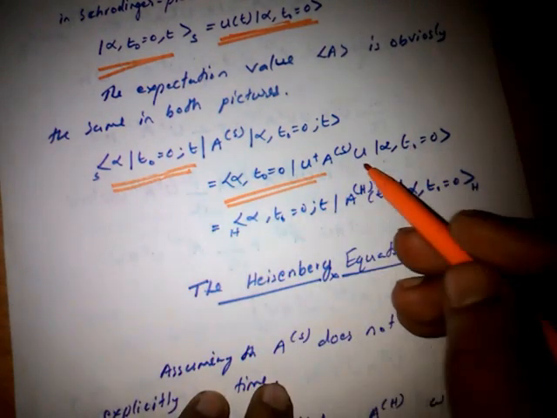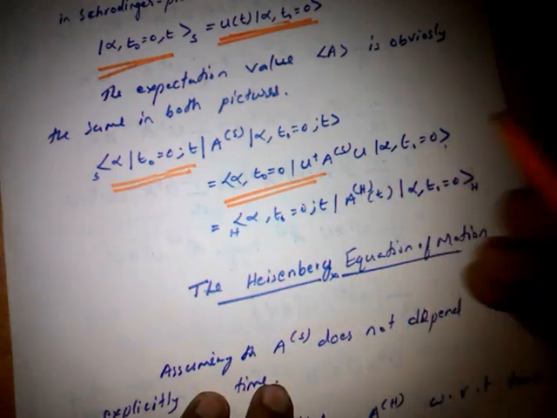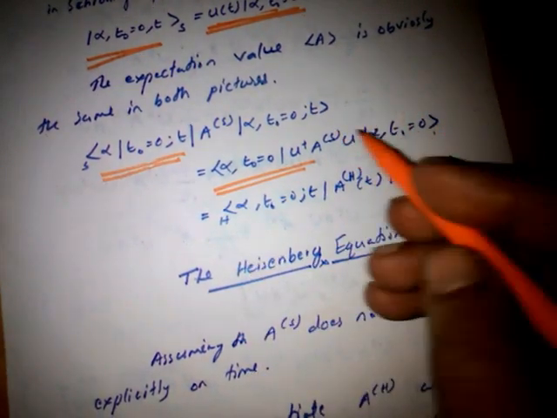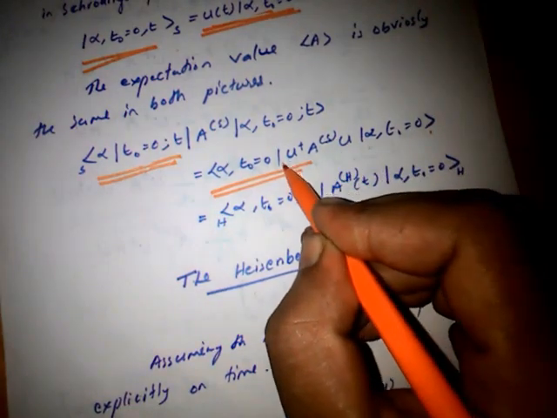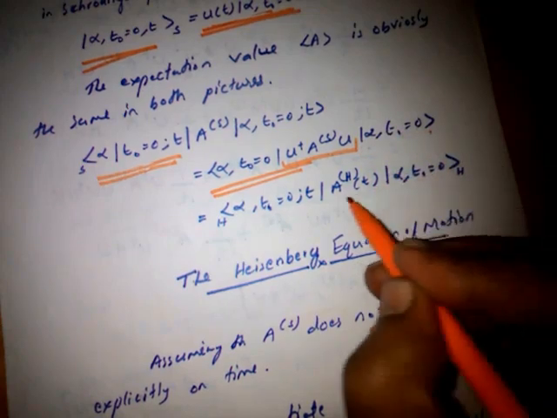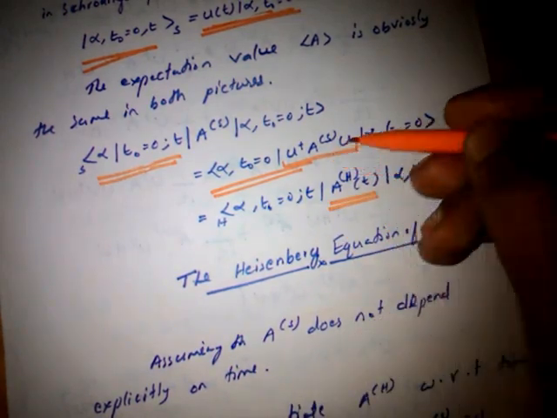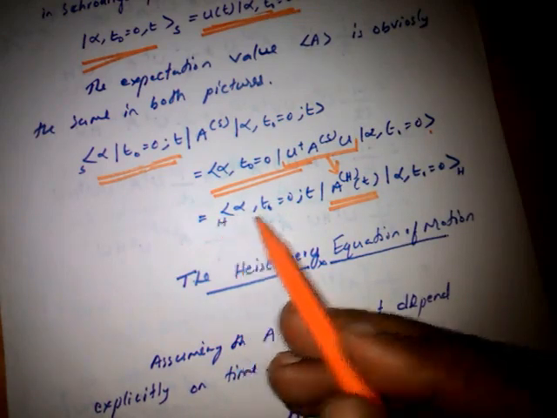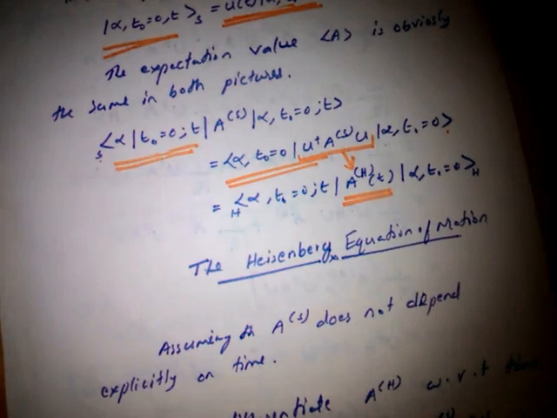And we know U dagger A in Schrodinger's picture U equals operator A in Heisenberg's picture. The expectation value in Schrodinger's picture and Heisenberg's picture will not change with respect to time.